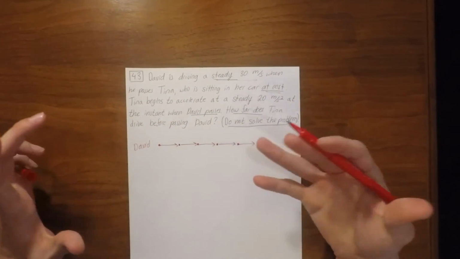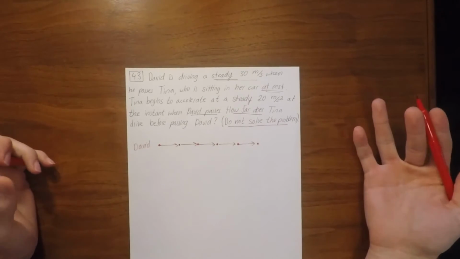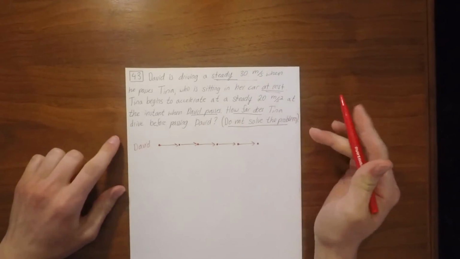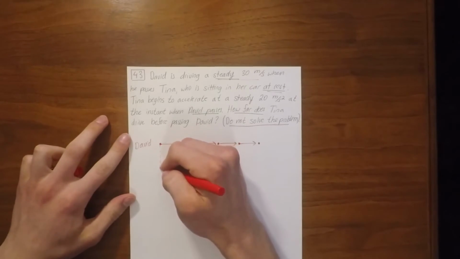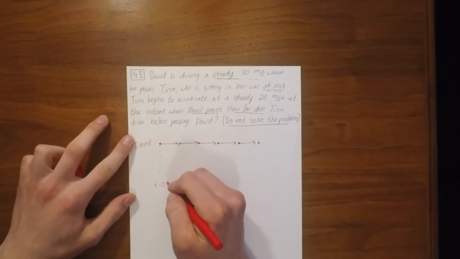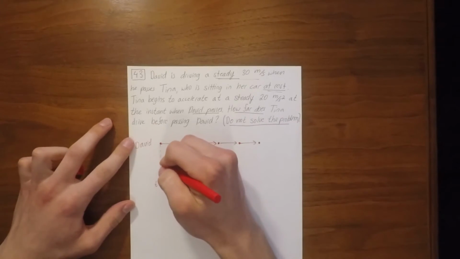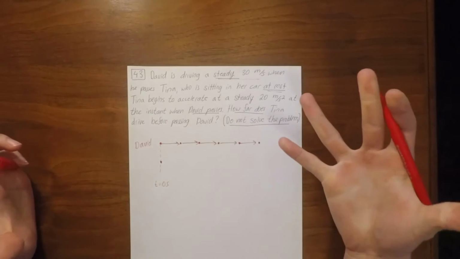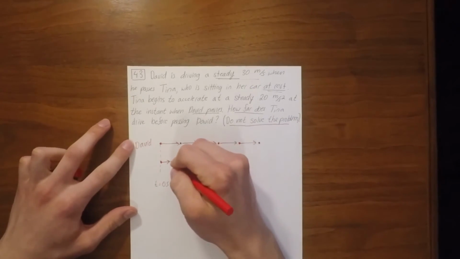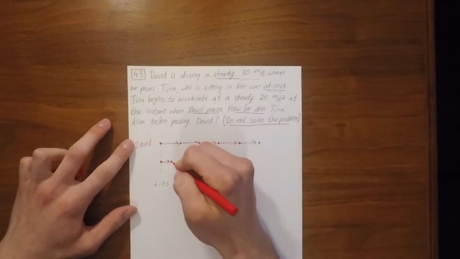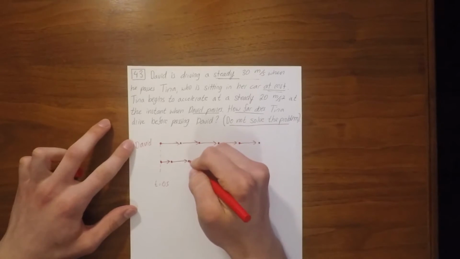Now David has probably been driving at 30 meters per second before he met Tina, but we don't worry about that. It's not important. The important part at t equals 0 is when Tina begins to accelerate to catch up to David. So this is the only time when we start counting. So I'm going to draw Tina, and she starts from rest and is steadily accelerating.